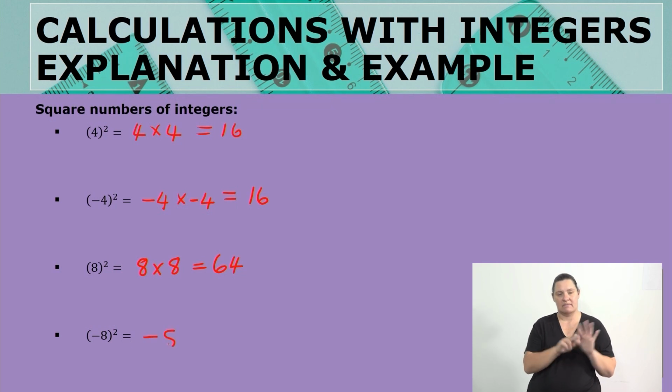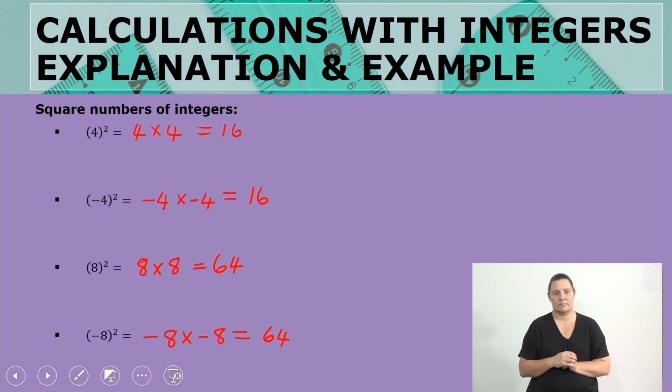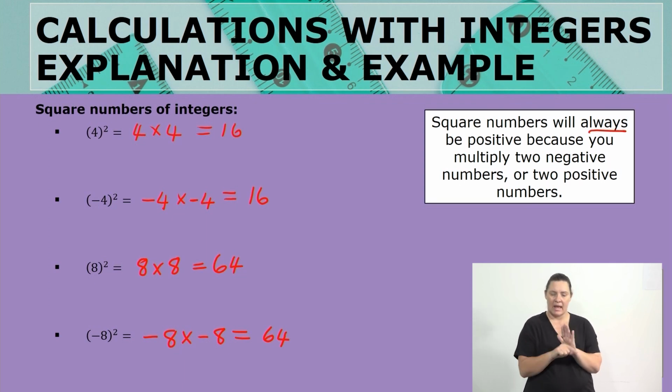That will be negative 8 multiplied by negative 8, and our answer there, because I am multiplying two negative numbers, is going to be a positive 64. So square numbers will always be positive because you are multiplying two negative numbers or two positive numbers. And remember, when we are multiplying numbers that are of the same sign, then our answer will always be positive.